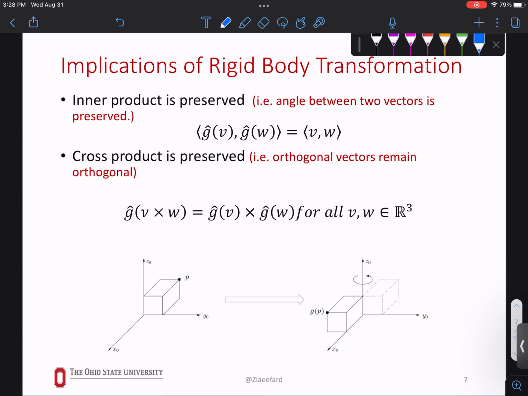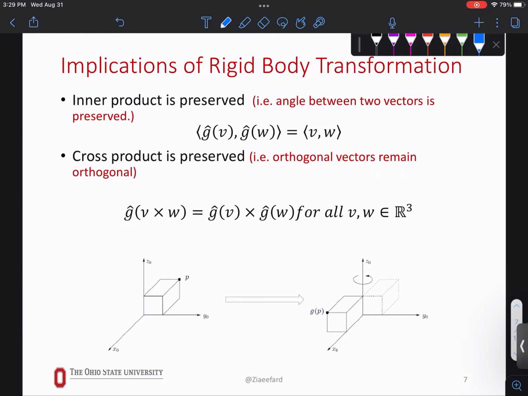Now, if you look at this, this is a reference frame, and there is a cube. We are rotating this cube from the original point to this new place. You need to take a look at where P was. So you are basically mapping this point P using this G transformation.